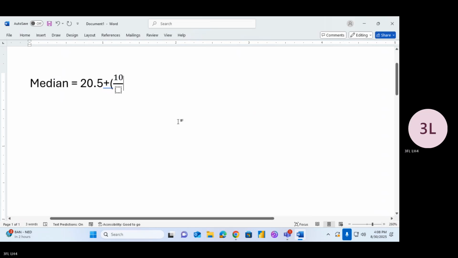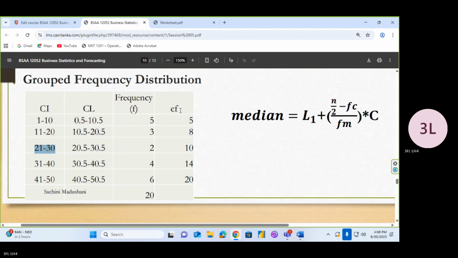Okay. Then next one is what? N divided by 2 minus FC, divided by FM. Here FM means the frequency of the median class. What is FM? It means the frequency of the median class. What is the frequency of the median class?